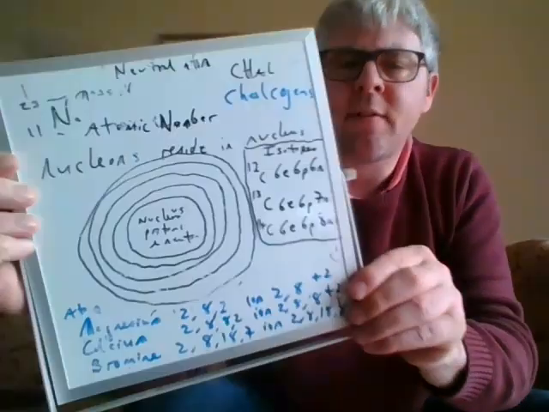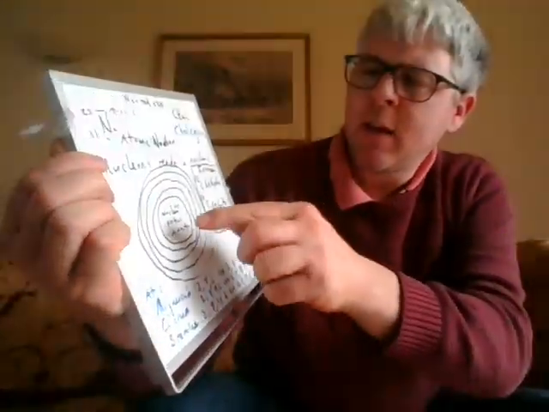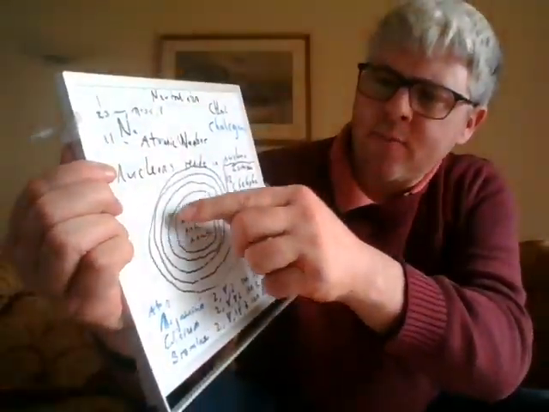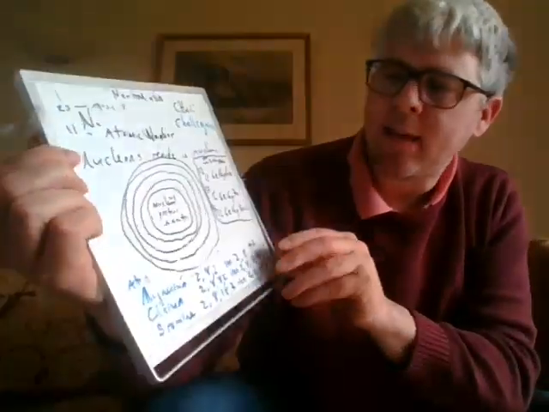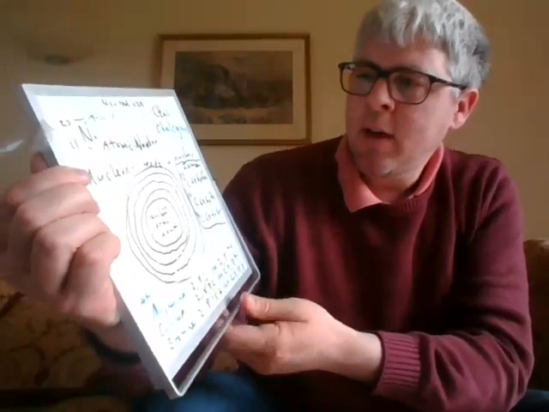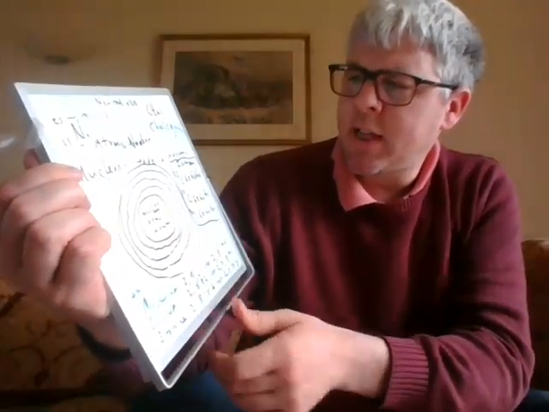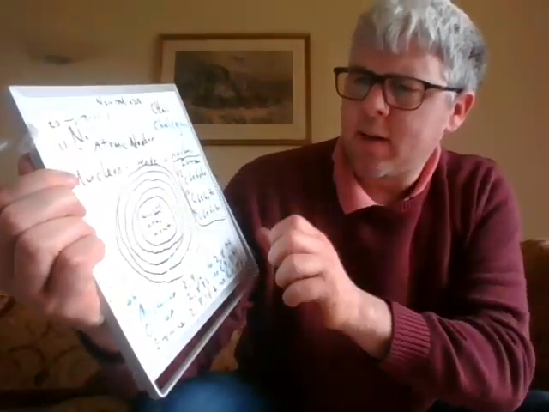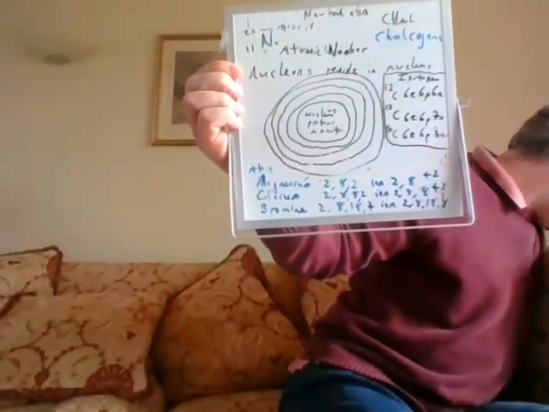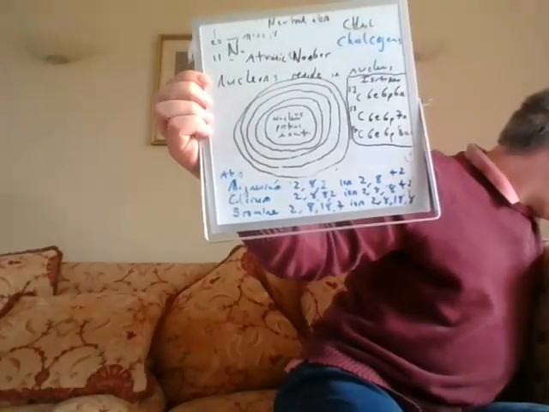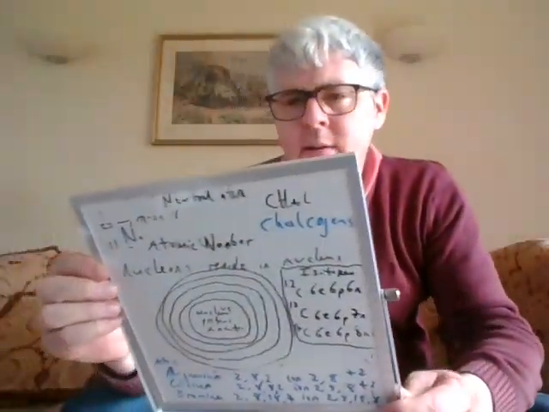And these are energy levels here. I've written 5, as you can see, 5 energy levels. As I mentioned, each one can hold up to a certain amount, and I have mentioned that to you.